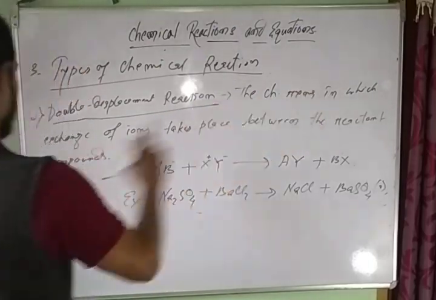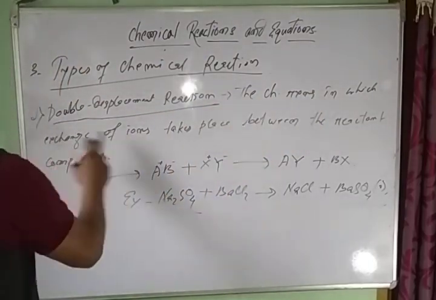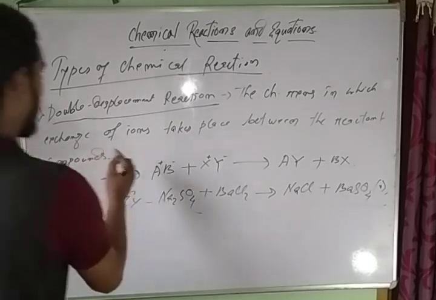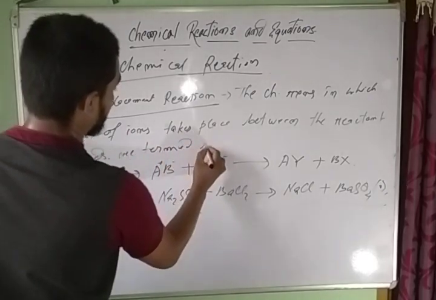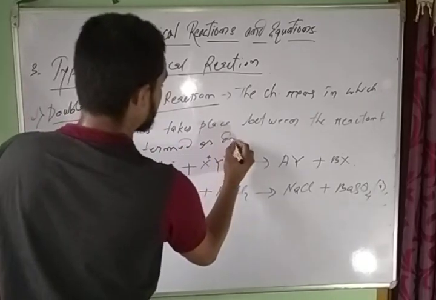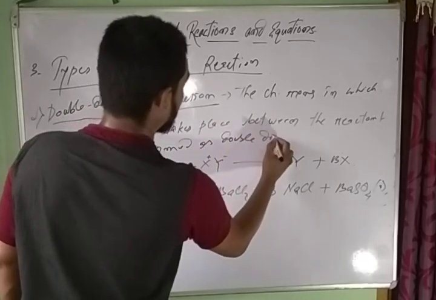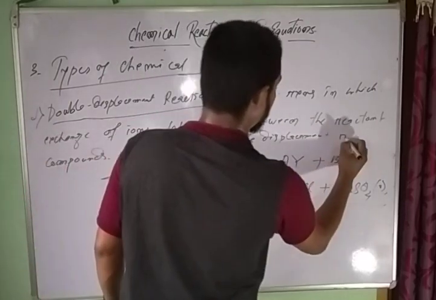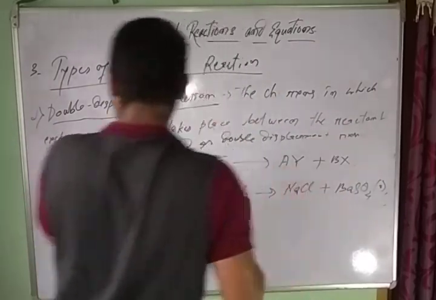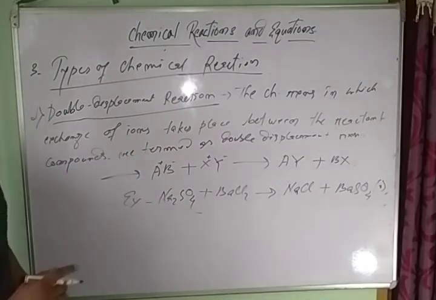The chemical reactions in which exchange of ions takes place between reactant compounds are termed as double displacement reaction. Okay, you take the screenshot.